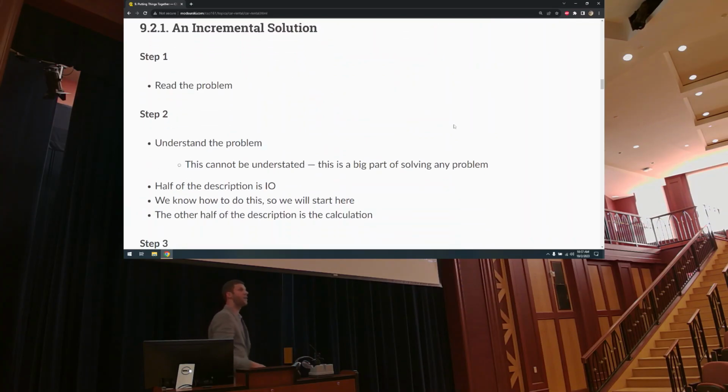So the first thing we want to do is read the problem and understand the problem. Your job as computer scientists, coding is only one part of it. I know I'm a broken record. Your first step is, what is the problem? Figuring that out. When you come to office hours and say to me, I don't even know where to start, I don't even know what the problem is, well, don't get me wrong, I'm going to help you.